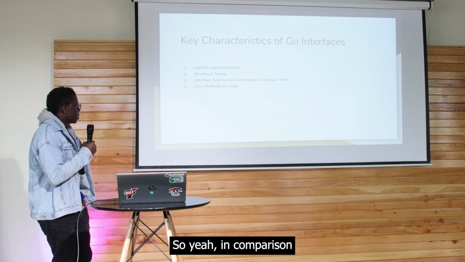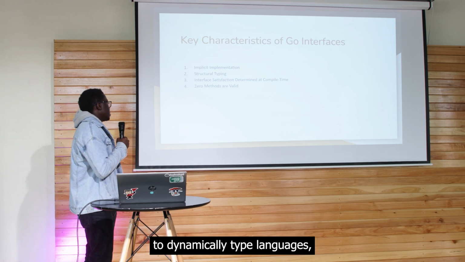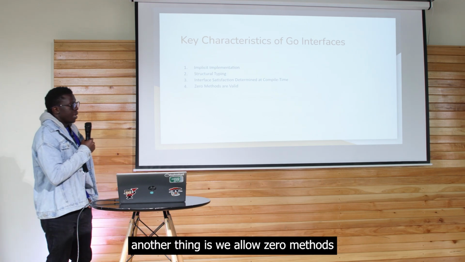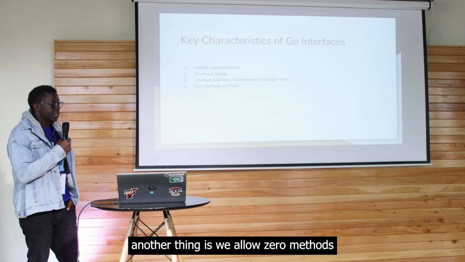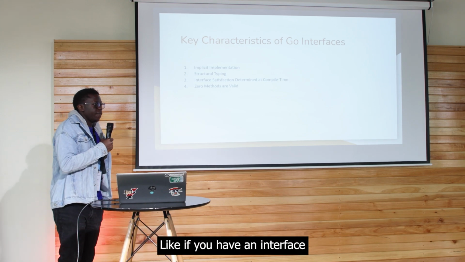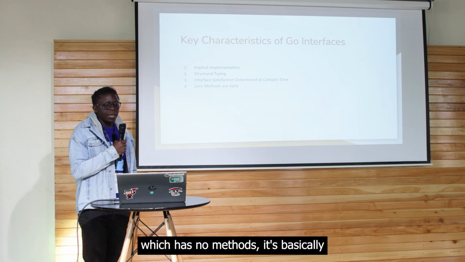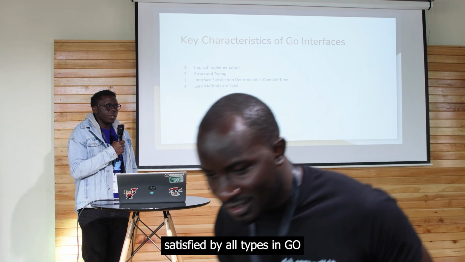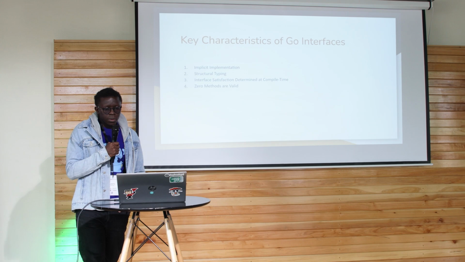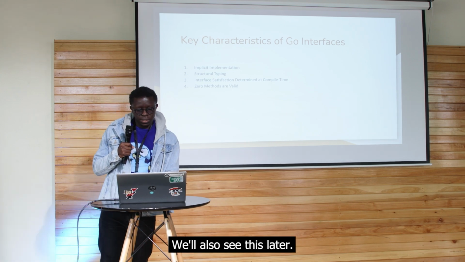So yeah, in comparison to dynamically typed languages. Another thing is that zero methods is valid. If you have an interface which has no methods, it's basically satisfied by all types in Go. We'll also see this later.